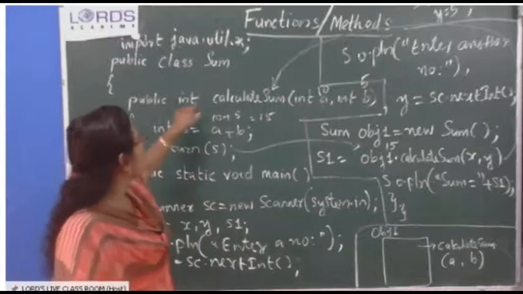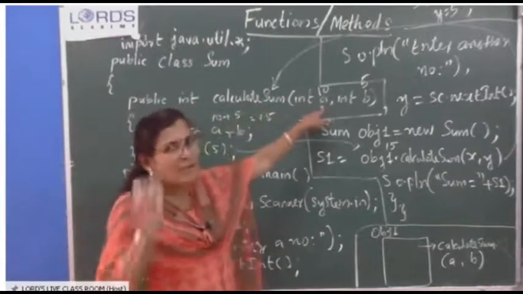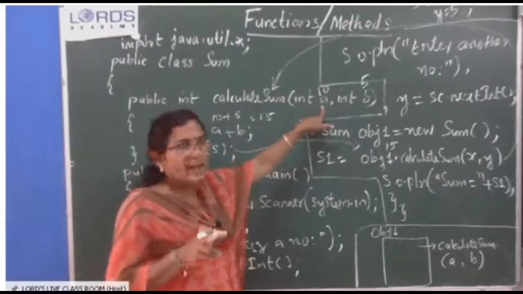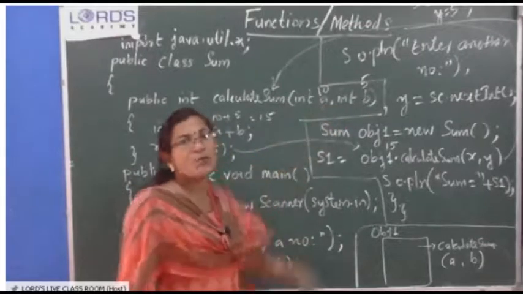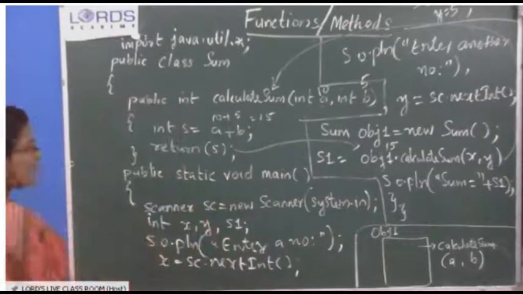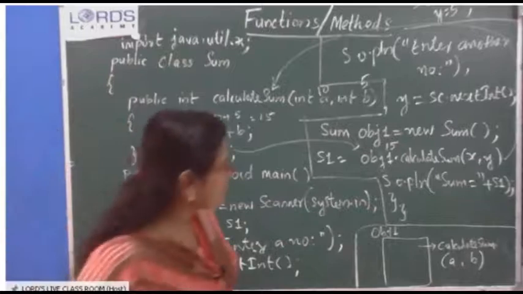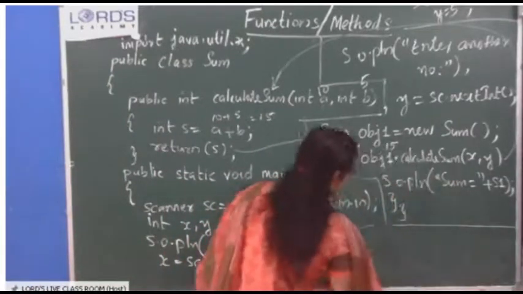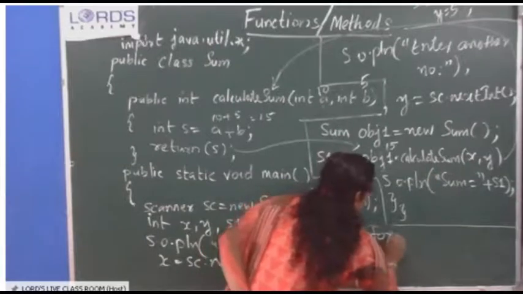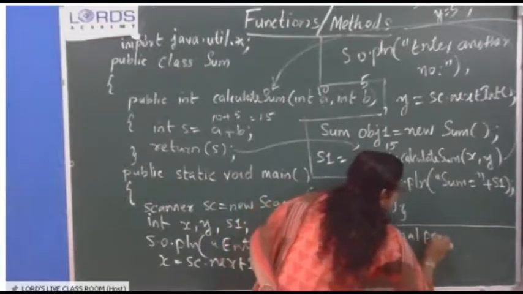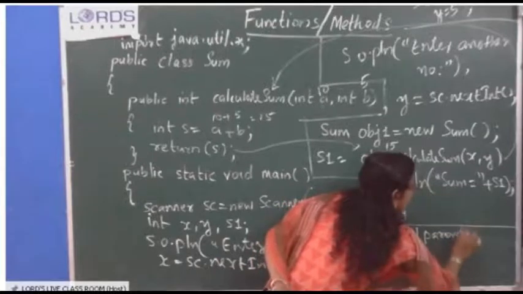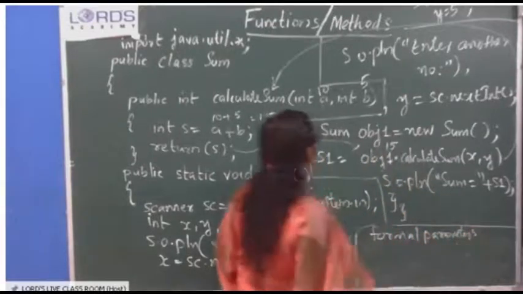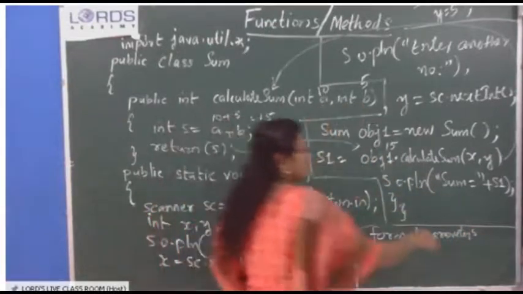So the variables declared at the function prototype, A and B, are known as formal parameters. Variables declared at the function prototype are known as formal parameters.